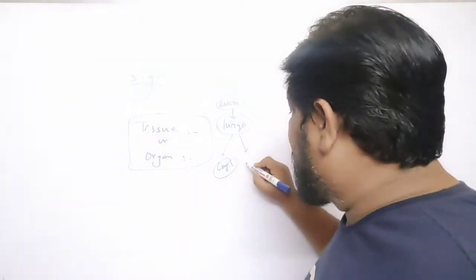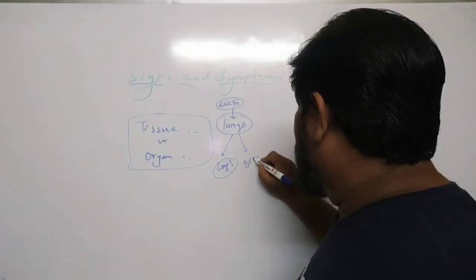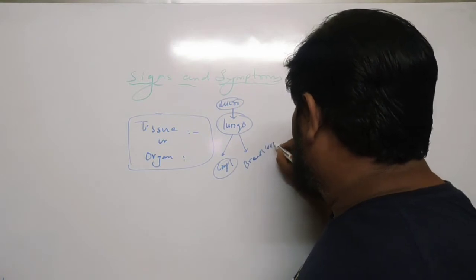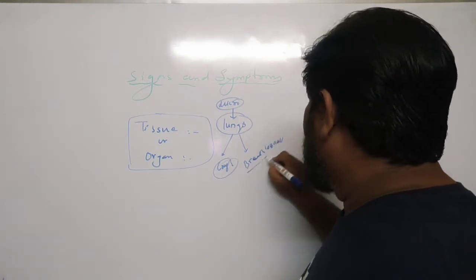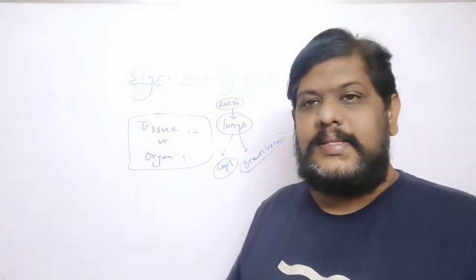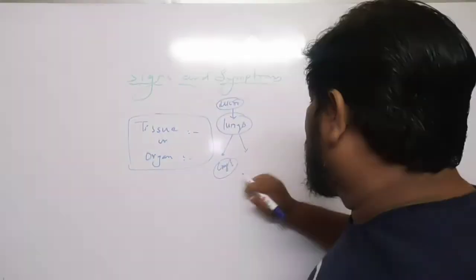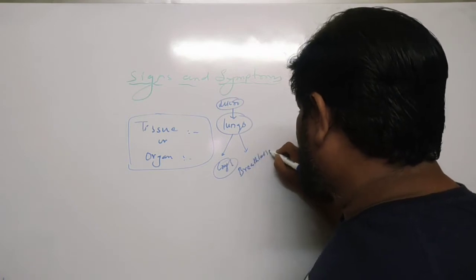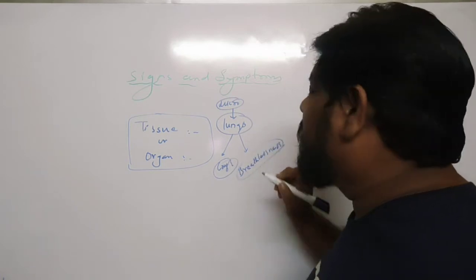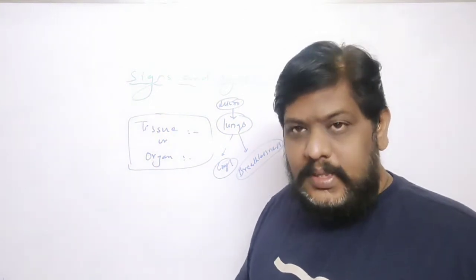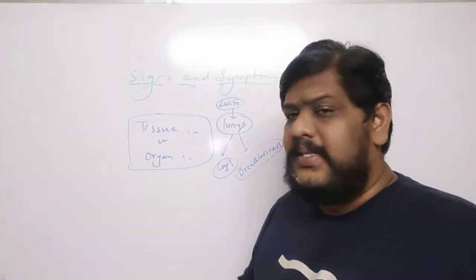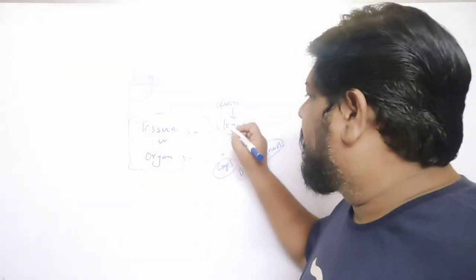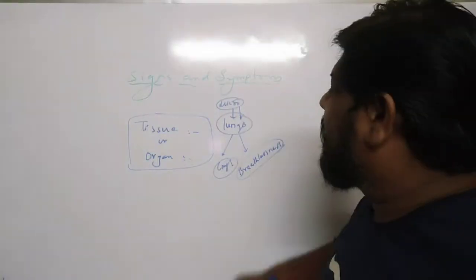Second one is breathlessness, in the sense of being unable to breathe properly. So these are the two symptoms which you can see if a person is infected and especially the microorganism targets the lungs.